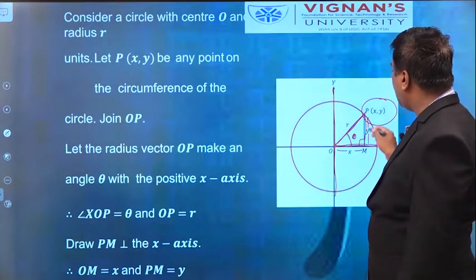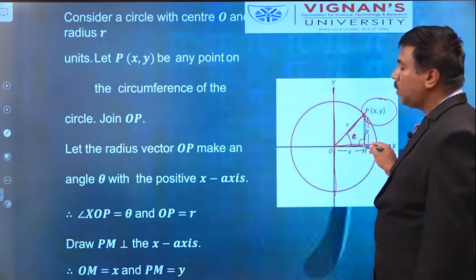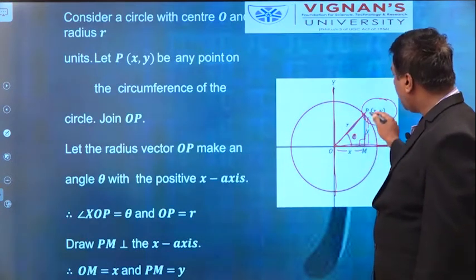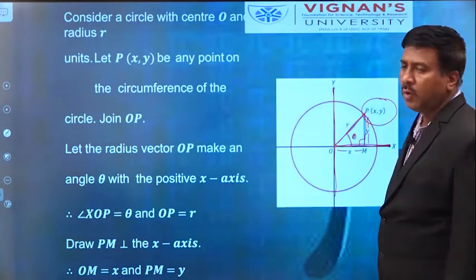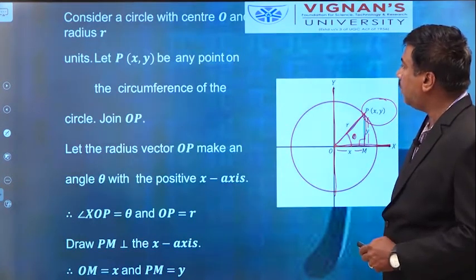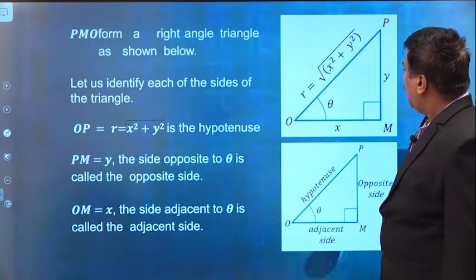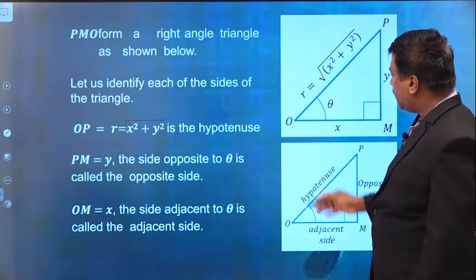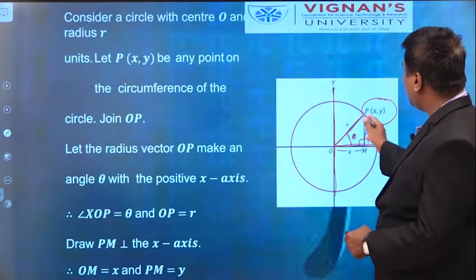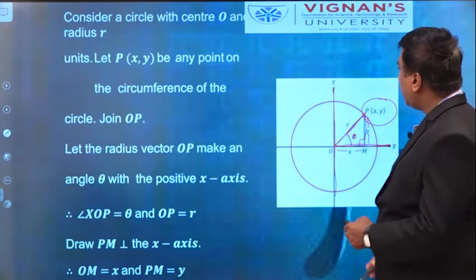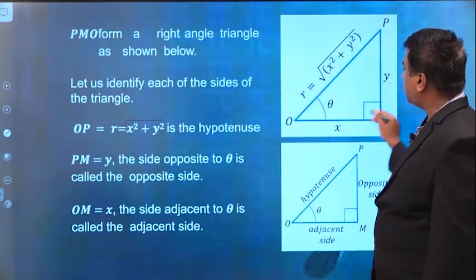OP is equal to the radius, OM is equal to x, and PM is equal to y. This is the right angle we drew in the circle.